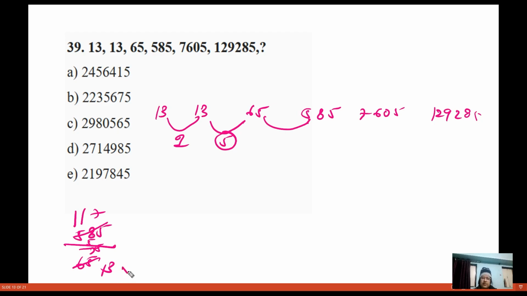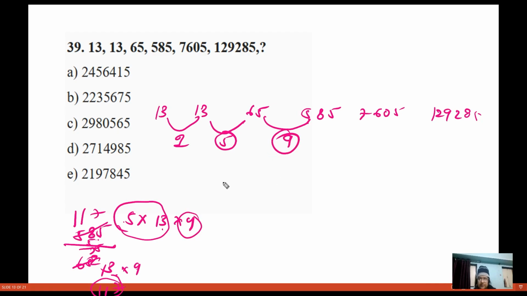And if you multiply this by 9, 7 9s are 63. So this 585 is actually 5 into 13 into 9, and 5 into 13 is what? 65. So we know we are getting multiplied by 9 here.